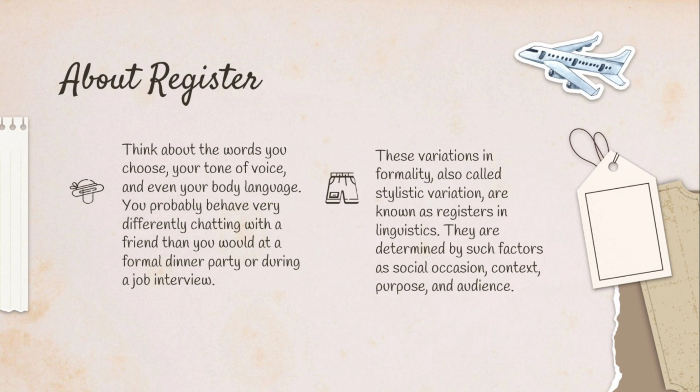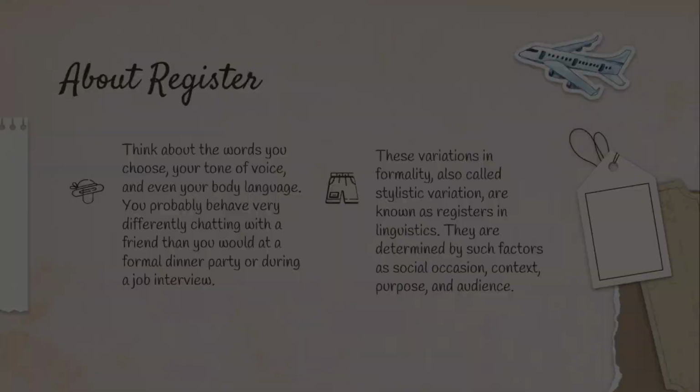You'll probably behave very differently chatting with a friend than you would at a formal dinner party or during a job interview. And these variations in formality, also called stylistic variation, are known as register in linguistics. They are determined by such factors as social occasion, context, purpose, and audience.